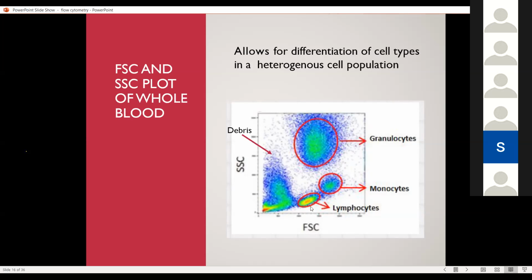So we can define them as lymphocytes. Here what we see is debris, which includes dead cells, RBCs, and many different populations of cells. So on the basis of granularity and size, the granulocytes, monocytes, and lymphocytes present in the blood of normal humans are differentiated in a flow cytometer.